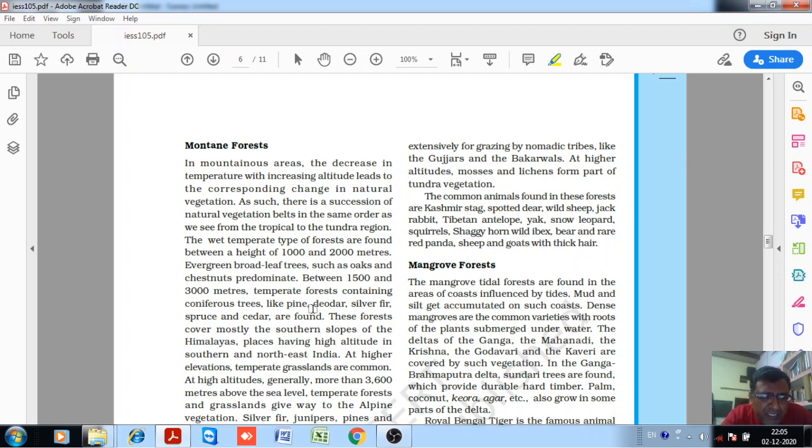The temperate forests containing coniferous trees like pine, deodar, silver fir, spruce and cedar are found. You see that height is increasing. First we discussed the ground, then from 1000 to 2000 meters, and then we are increasing in altitude, that is 1500 to 3000 meters. So as we are increasing in altitude, the different types of vegetation are found at different heights.